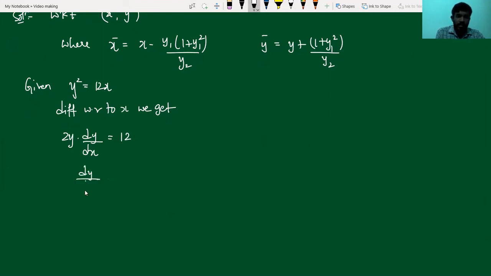Shifting the rest of the terms to the RHS, keeping dy by dx on the LHS, we get dy by dx equal to 12 divided by 2 times y.